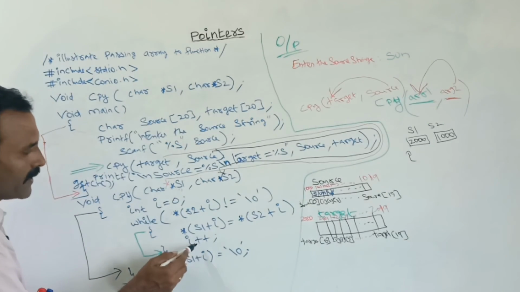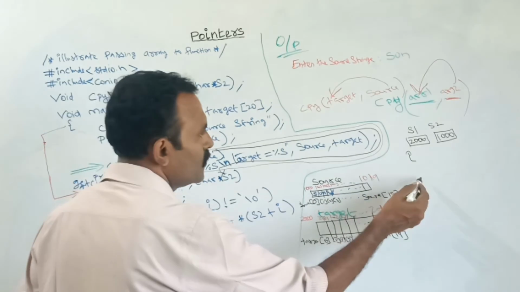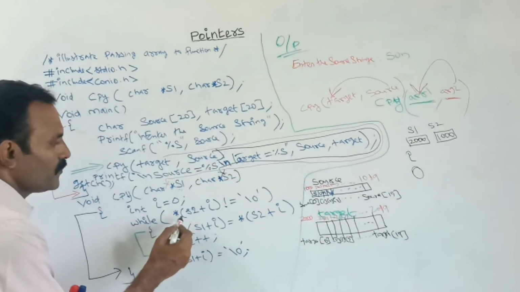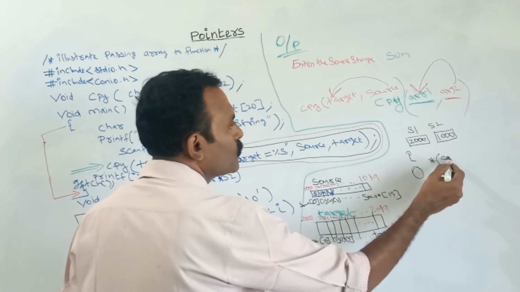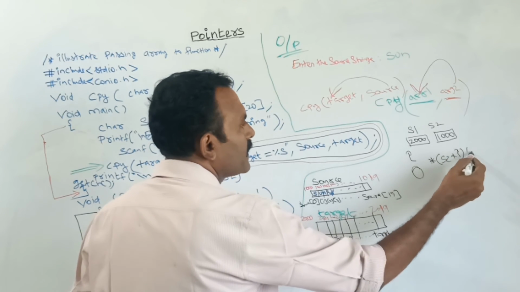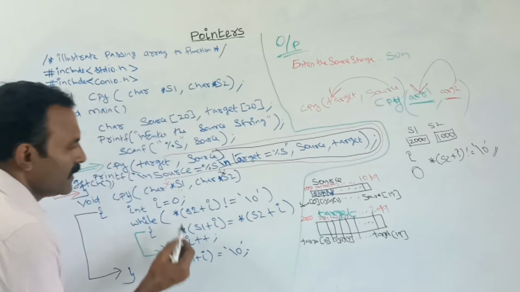Here I am incrementing the i value. For the very first, I had initialized i to 0. So in the while loop it checks star of S2 plus i, whether it is not equal to slash 0. It will check for each and every iteration.